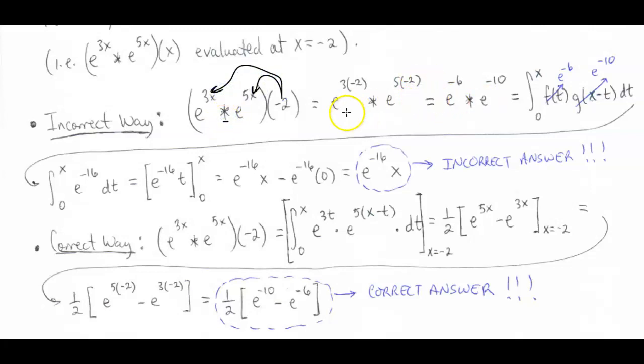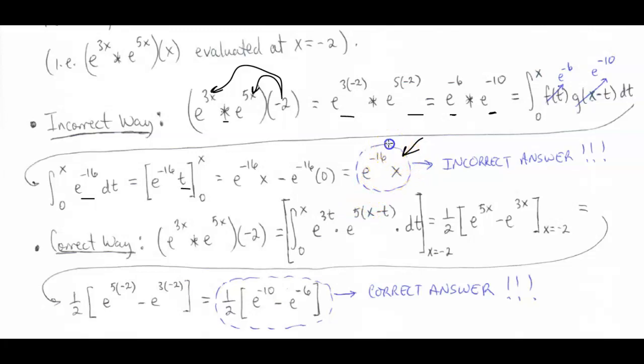If we do that, you'll see that you get these two constant values, and now you're convolving two constant values. The integral of any constant is just that constant times the variable t, evaluated from 0 to x, where x is assumed to be a constant for the integral. And you see that you end up with this particular situation here. Okay. And this is incorrect.